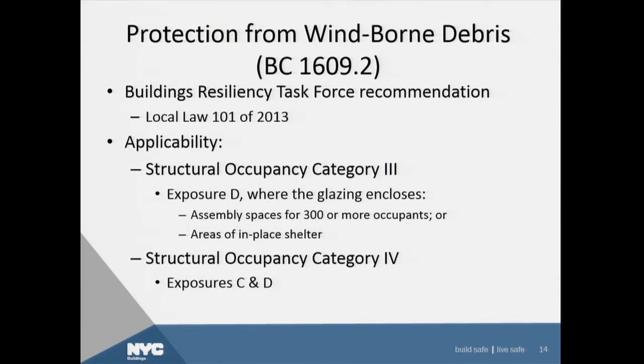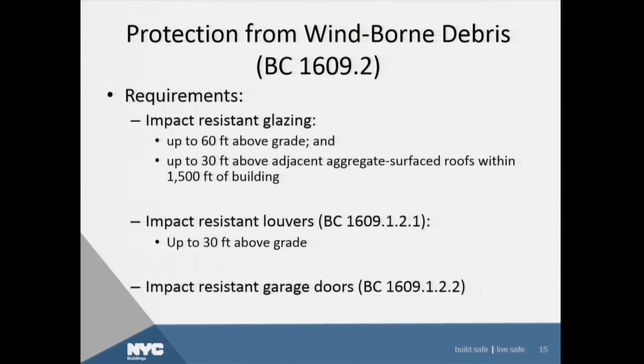This requirement will affect structural occupancy category 3 buildings that are in exposure category D, where they have glazing that encloses assembly spaces for 300 or more occupants, or their areas of in-place shelter, and structural occupancy category 4 buildings in either exposure category C or D. Basically, these structures will have to have impact-resistant glazing to protect the occupants from wind-borne debris and to protect the building envelope itself from wind-borne debris and to keep its integrity during a wind event.